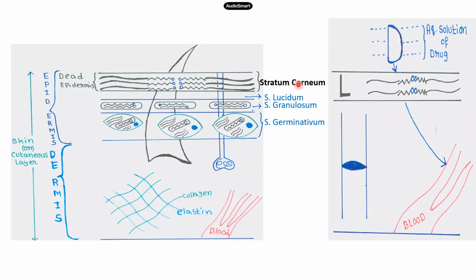Corneocyte means absence of nucleus. These fibers are highly densely packed. Through this dense packing, heat cannot transmit, chemicals cannot pass, and microorganisms cannot penetrate. This is the importance of these fibers.